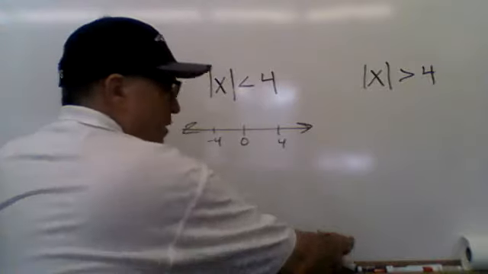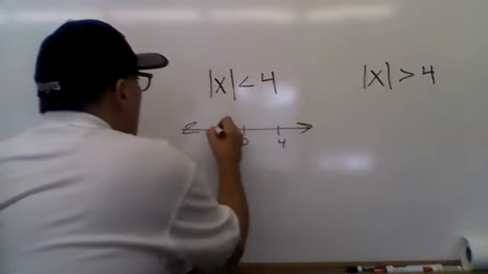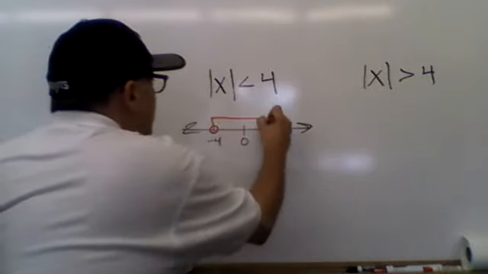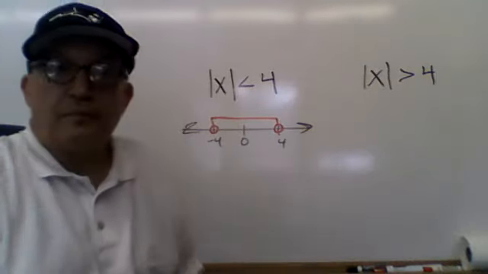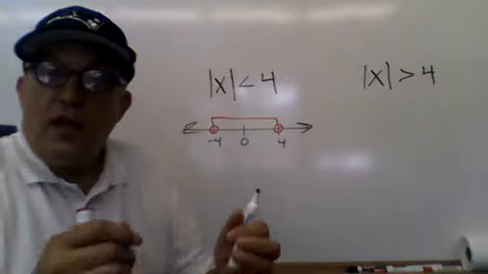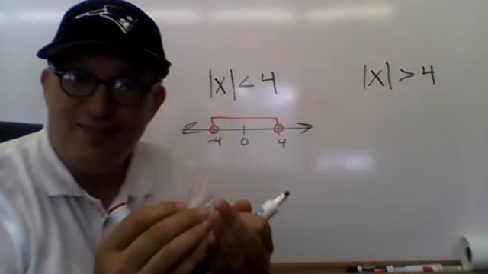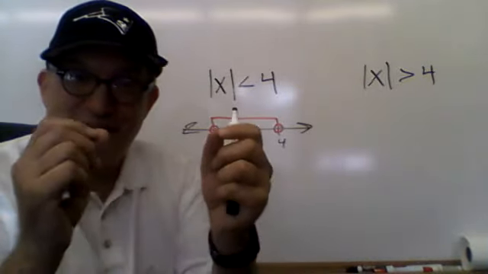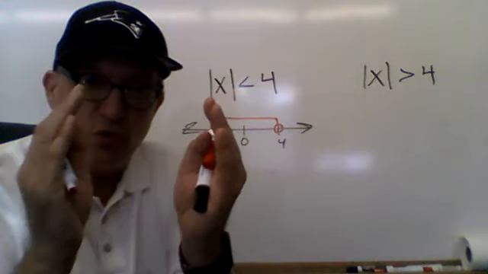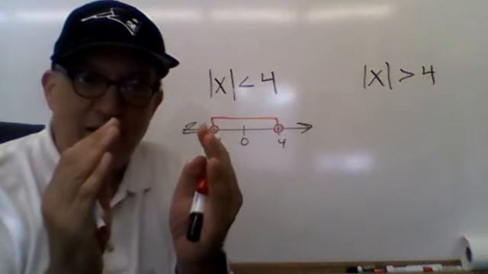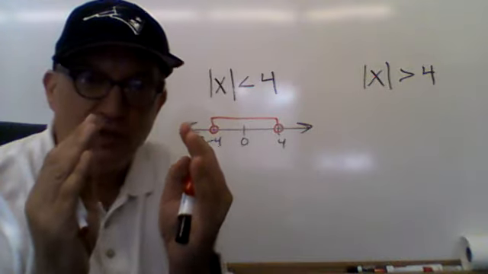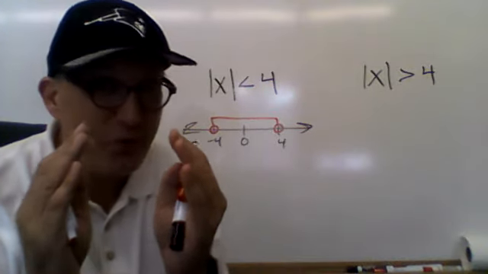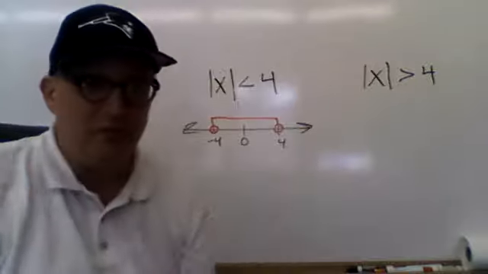Aren't they here? I'm going to use red. Aren't they near 0? We have to restrict that number line to just the portion of it that's close to 0, less than 4 units away from 0.